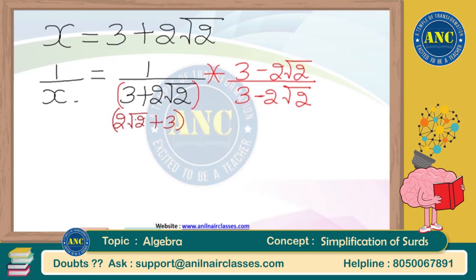If I write the denominator as 2 root 2 plus 3, then my rationalizing factor, multiplied in numerator and denominator, will become 2 root 2 minus 3 divided by 2 root 2 minus 3. Now, the answer will change. Which one should I take?